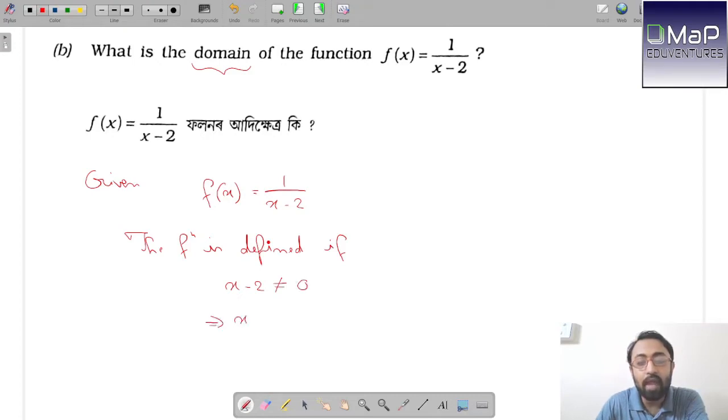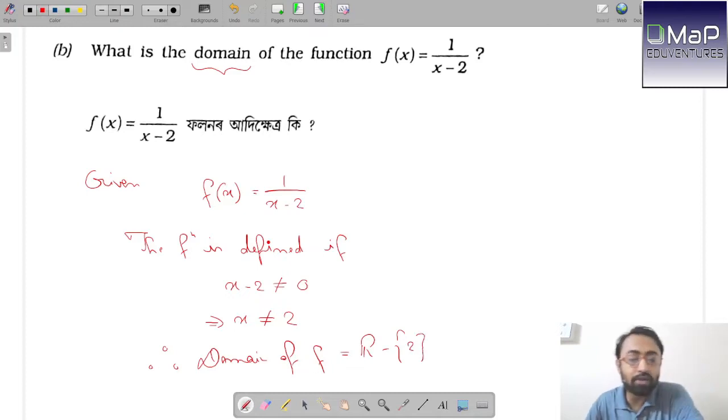That means x cannot be equal to 2. Therefore, the domain of the function f will be the set of all real numbers except 2. So 2 we will not take. So this is an easy question, and we could solve it using first year concepts.